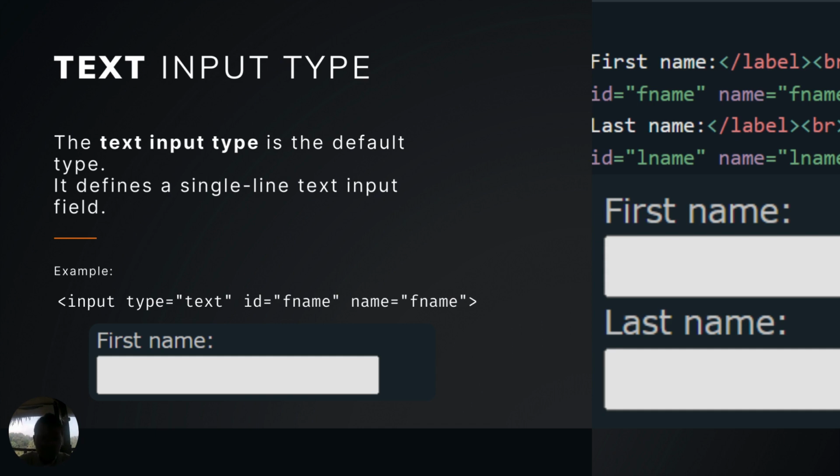So as you can see here, it's written first name, and we can write in it. How to make a text type input element is by typing input, type, and set the type property to text, and the ID and the name you can write anything you want.